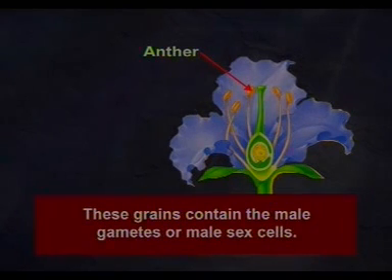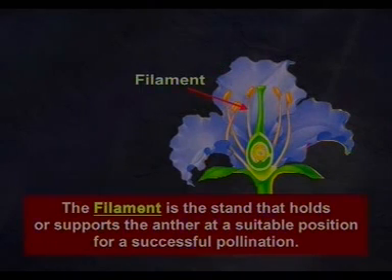The pollen grains contain the male gametes or male sex cells, because we are dealing with sexual reproduction in the flowering plant. The filament is the stand that holds or supports the anther at a suitable position for a successful pollination.